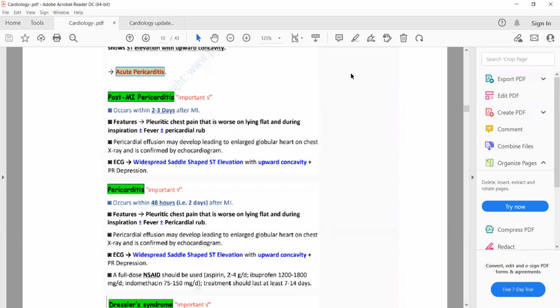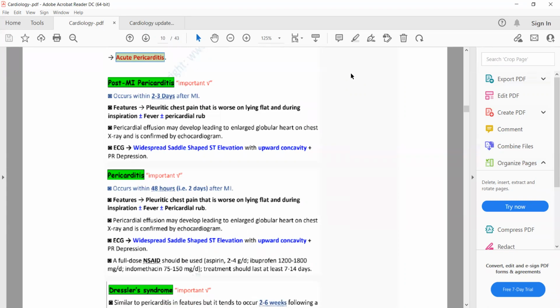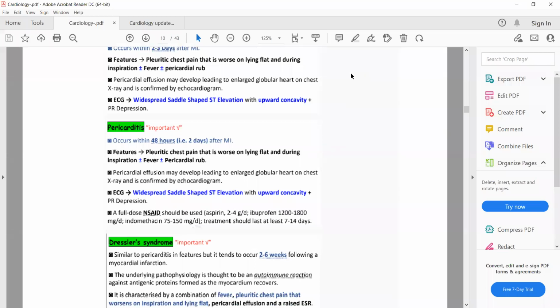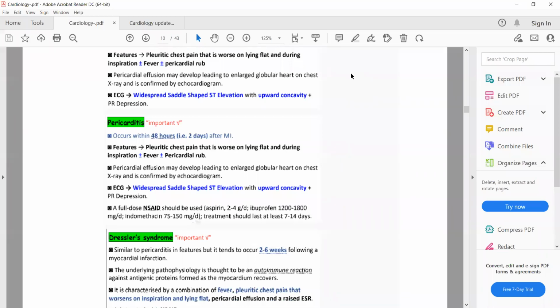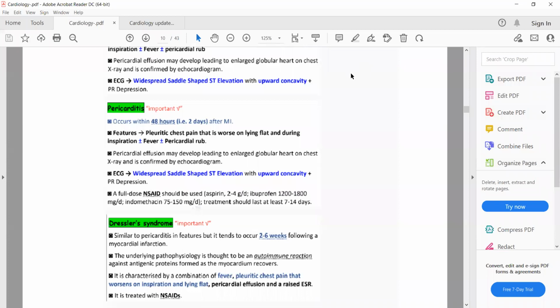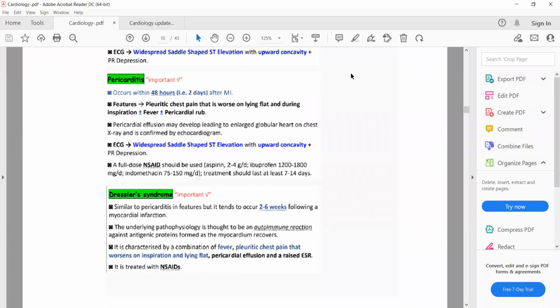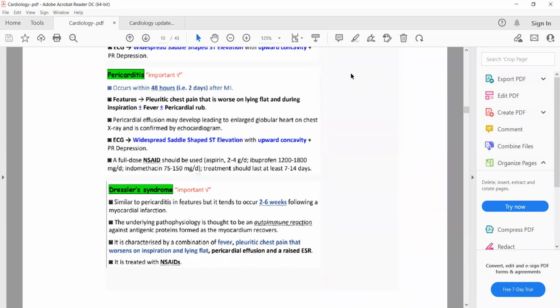Now, if the same patient presents to you after 2 to 6 weeks with features of pericarditis, such as chest pain that is worse on inspiration and on lying down, and ECG shows widespread ST elevation with upward concavity and PR depression, but the patient presents to you after 2 to 6 weeks, then it will be known as Dressler syndrome.